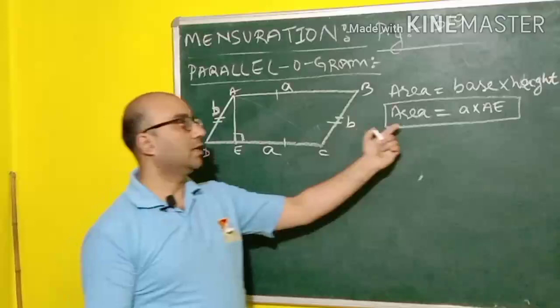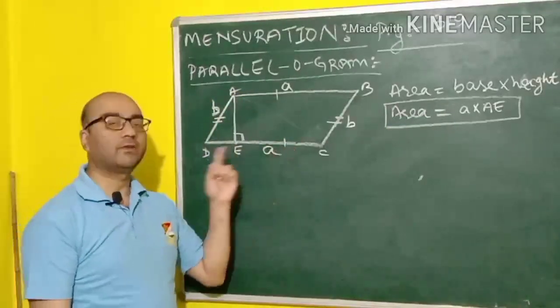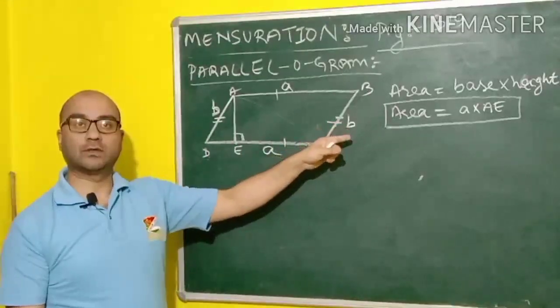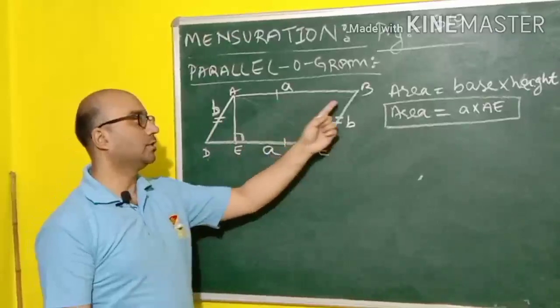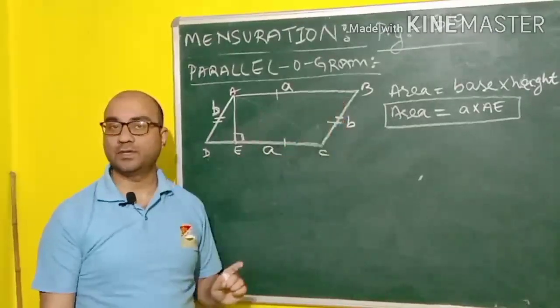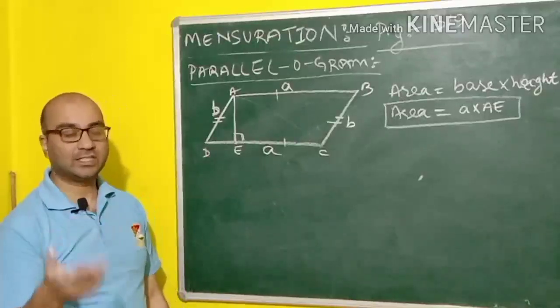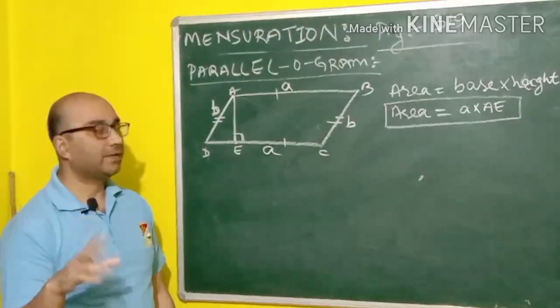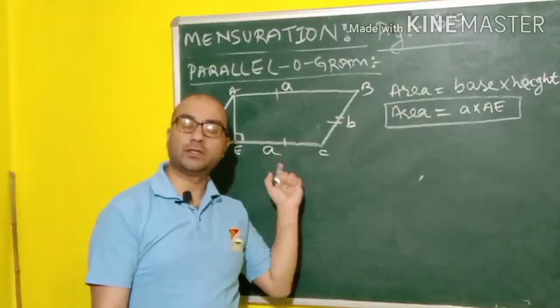So area is equal to base into height. Please don't get confused. A parallelogram cannot have only one base, it can have the other side also as the base, provided the 90 degree is drawn to this side, and this will become the base, and this will become the height of the parallelogram. We will see when we come across different types of questions when we are discussing parallelogram.